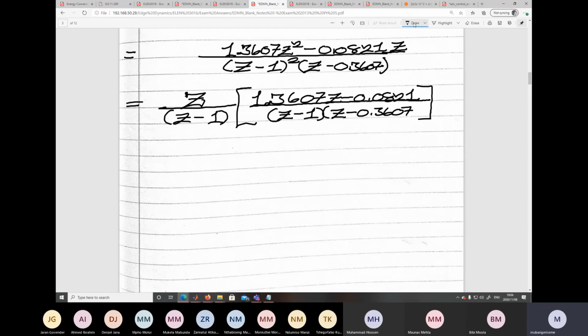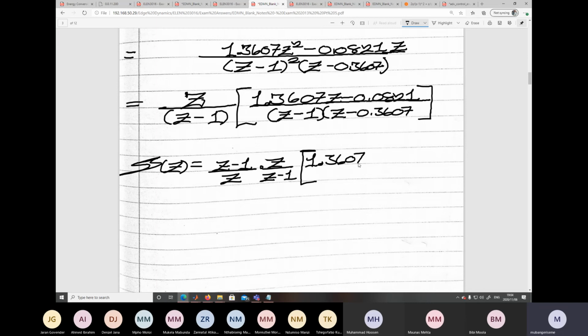Now my insignia Z is just going to be given by this: 1.3607 Z minus 0.0821, all over Z minus 1, Z minus 0.3607.